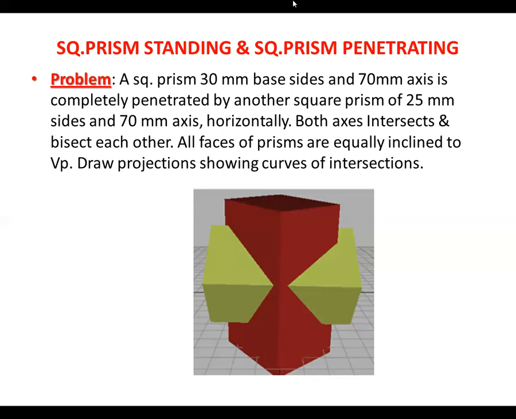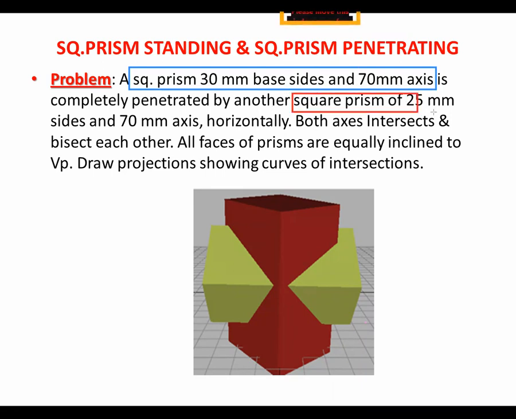And the problem statement is: a square prism of 30 mm base side and 70 mm axis is completely penetrated by another square prism of 25 mm sides and 70 mm axis horizontally.